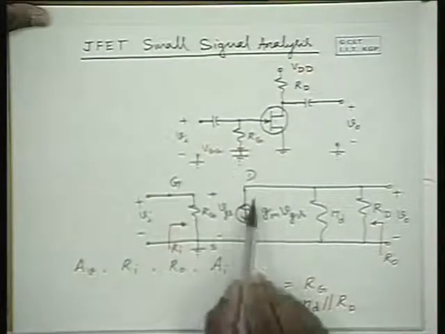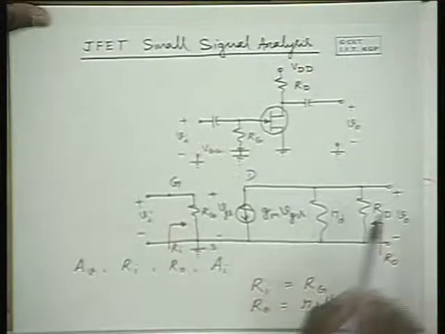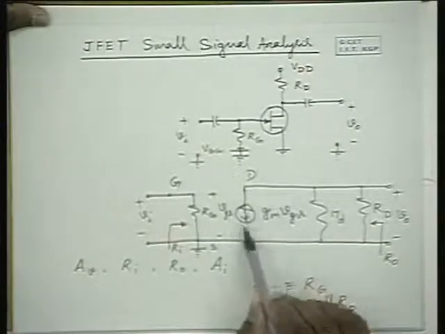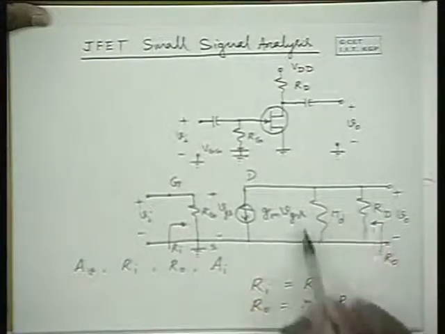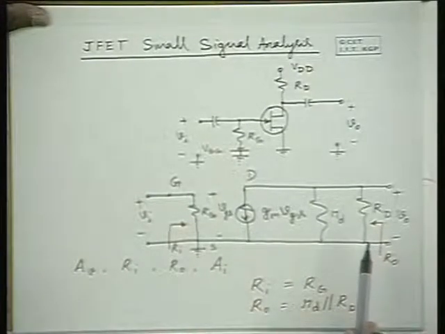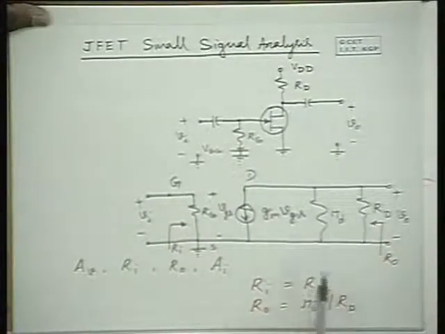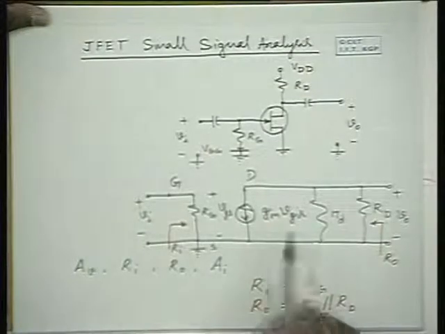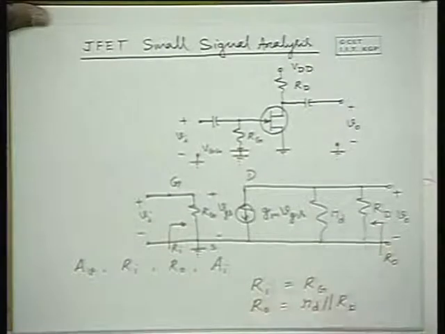Therefore in terms of VI, this current source is gm into VI, and now the output voltage is equal to the current of the current source multiplied by the parallel resistance, that is equal to minus gm VI into rd in parallel with capital RD. So that is the output voltage. So V0 by VI is straight away minus gm into small rd in parallel with capital RD.